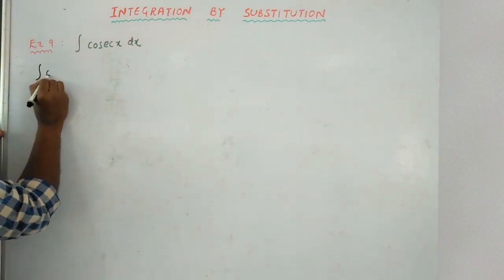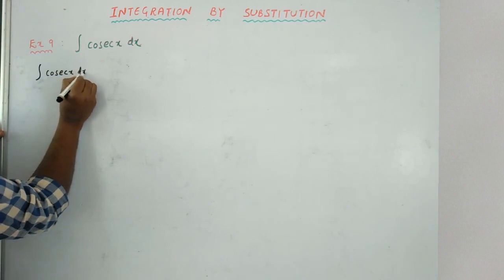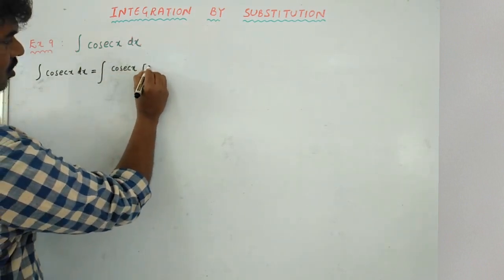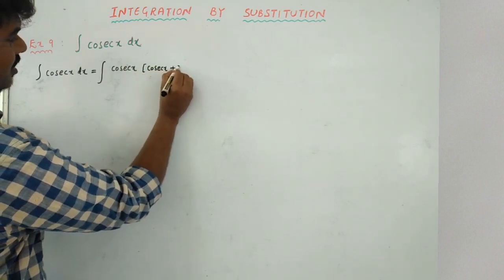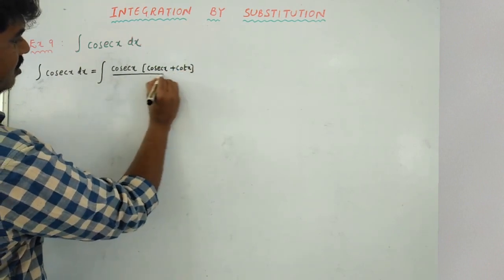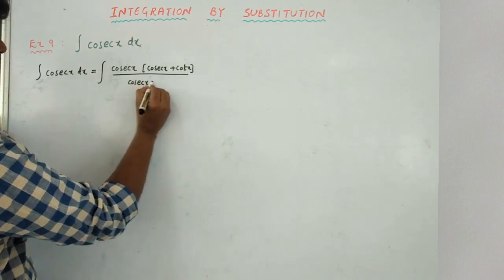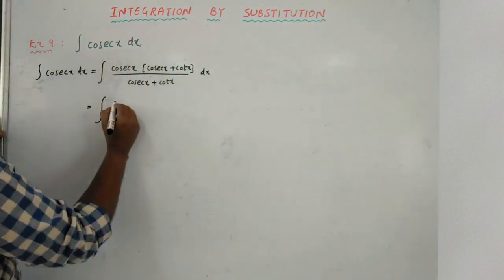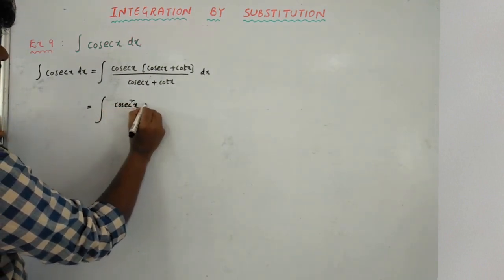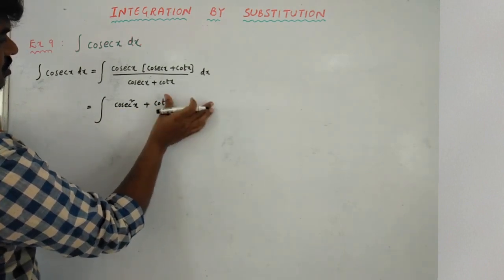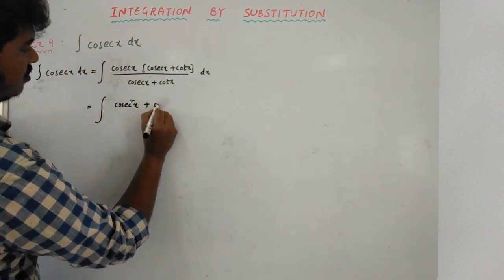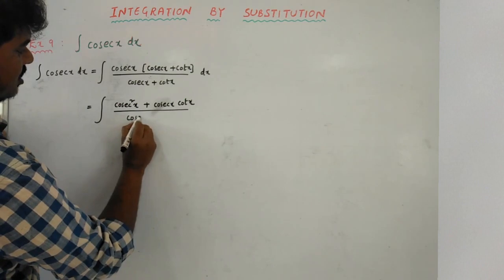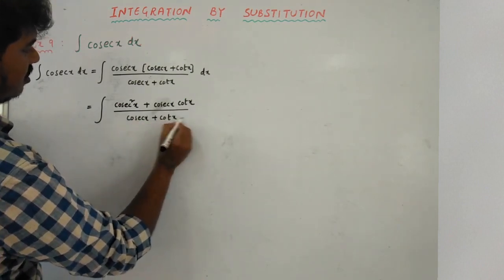What is the integral of cosec x dx? This is equal to the integral of cosec x, just multiply and divide by cosec x plus cot x, dx. Multiplying these two, we get cosecant square x plus cosec x cot x, divided by cosec x plus cot x, dx.